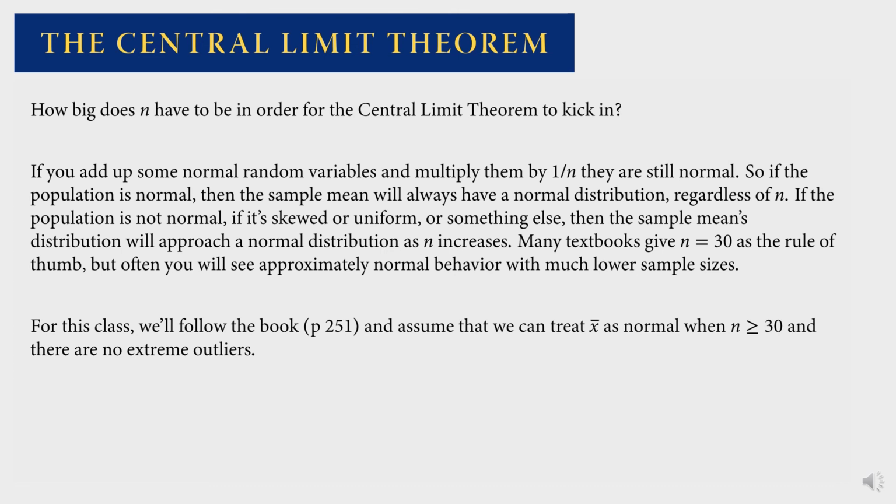So we'll follow that. If the sample size is 30 or more and there are no extreme outliers, we'll just assume that the sample mean is normal with mean mu and standard deviation sigma divided by the square root of n.